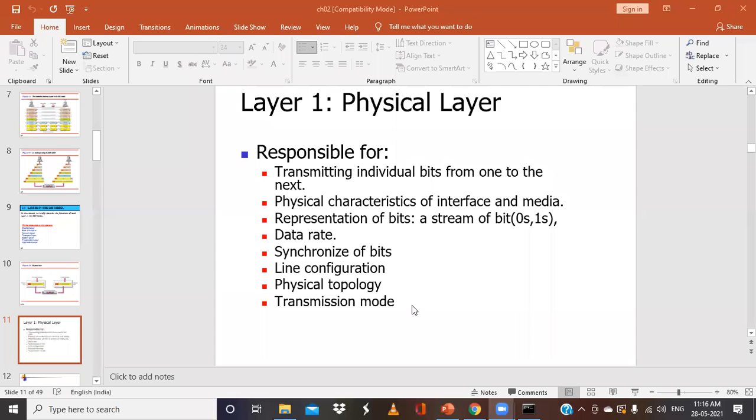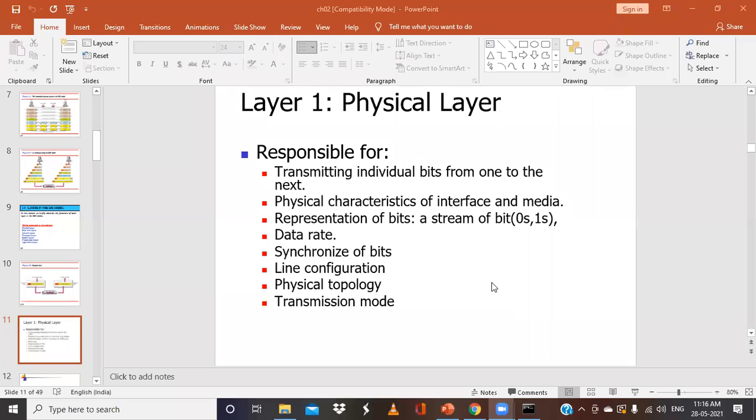Which are the three modes in which data can flow? Half duplex, full duplex, and simplex. Exactly. So the physical layer is responsible for defining these modes of transmission or the direction of transmission. So these are the responsibilities or the functionalities of the physical layer.